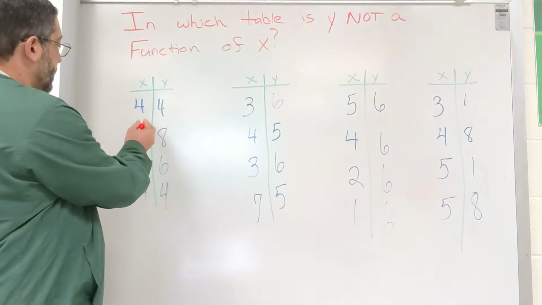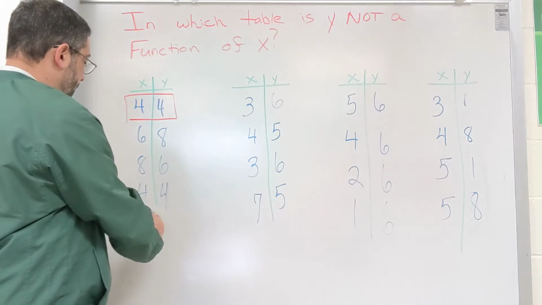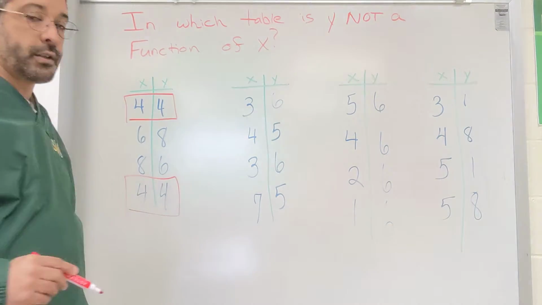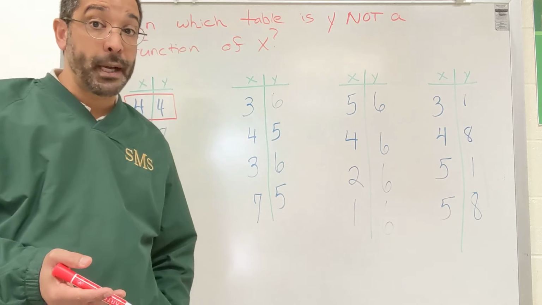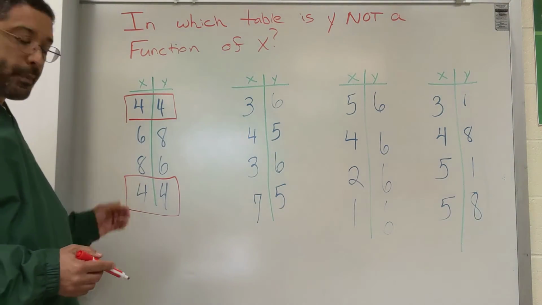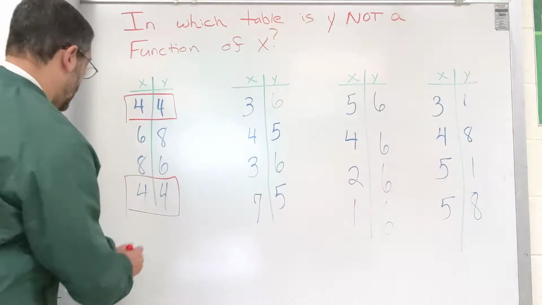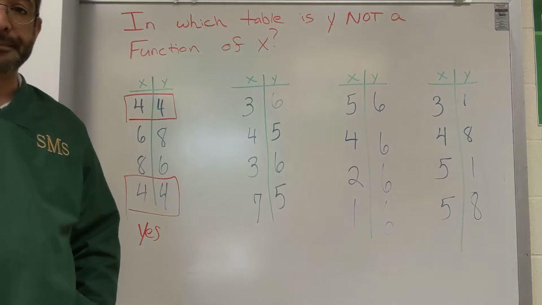However, if you look a little bit closer, this ordered pair is 4, 4, and this ordered pair is 4, 4. So in reality, what you just have is the ordered pair being repeated. So in this case, x is not really repeating. So this one, you would put yes for is a function.